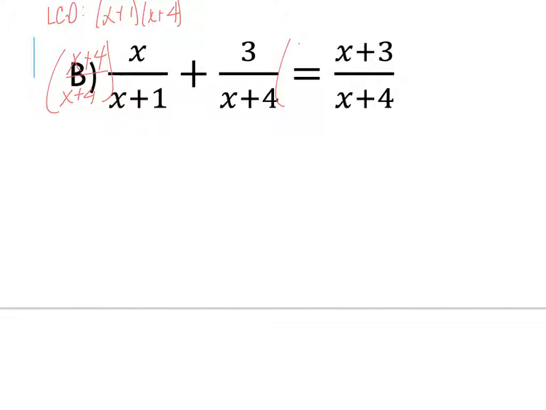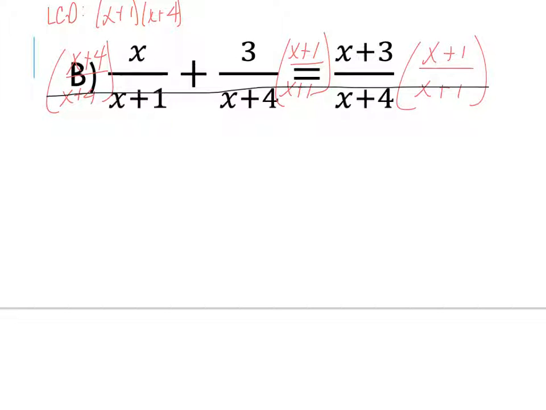We're going to multiply this one by x plus 1. And the last one again by x plus 1. So that all the denominators are now x plus 1, x plus 4. Since that's the case, we're going to get rid of all the denominators. And so that leaves us with x times x plus 4 plus 3 times x plus 1 equals x plus 3 times x plus 1.